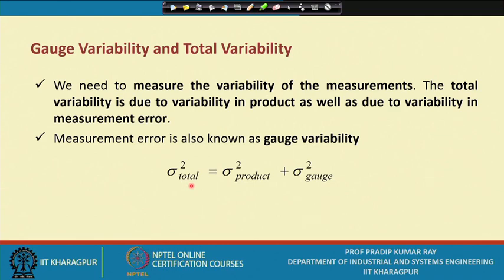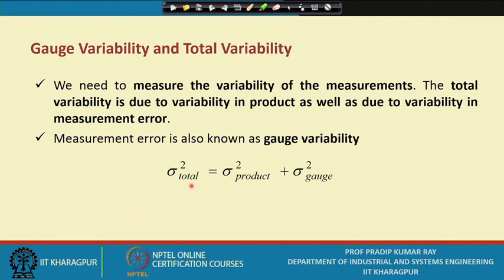Now one important term you need to explain at this stage is gauge variability and how the gauge variability is related to the total variability. You are getting several values for different parts, and suppose you start measuring the part, that means related to a part, what is that quality characteristic. So for this quality characteristic, you get values for the different units of the part.